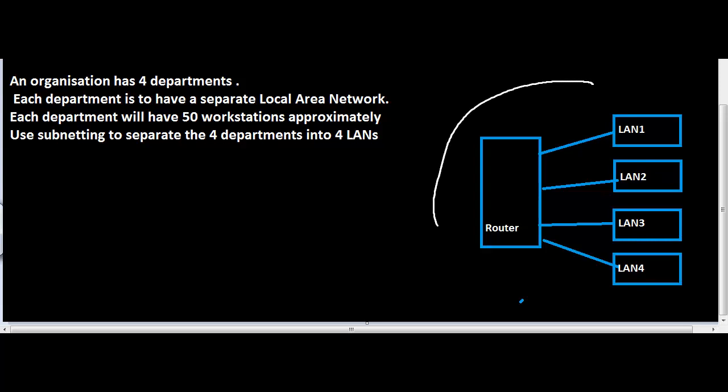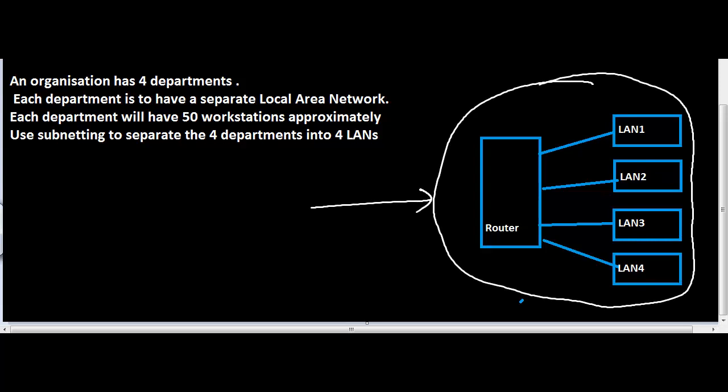We want to buy a single class C network address, and let us assume that the address that we've bought is 202.100.50.0.